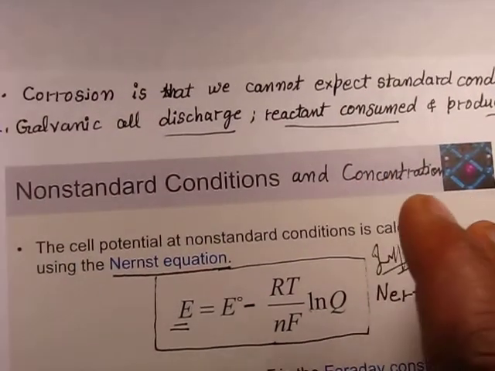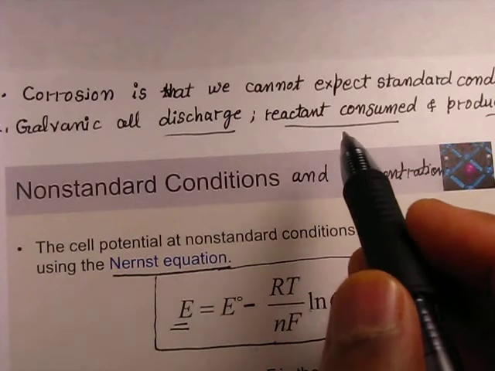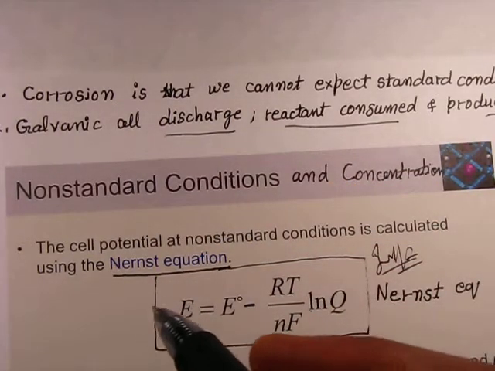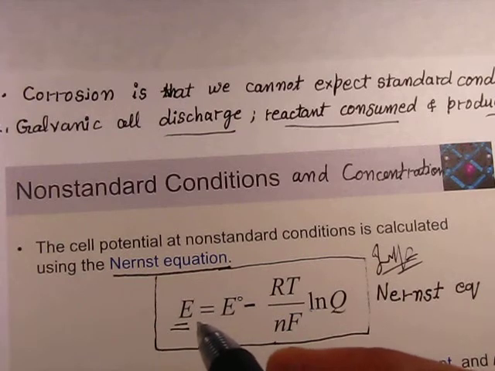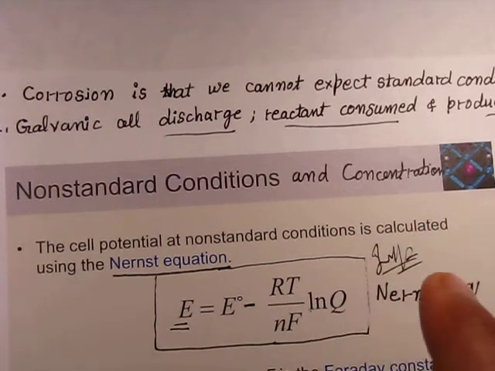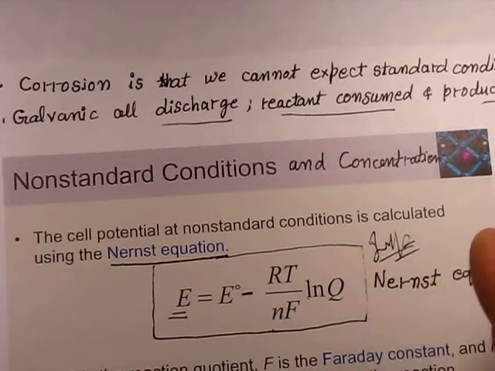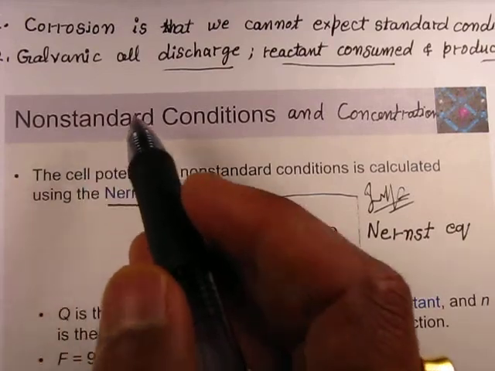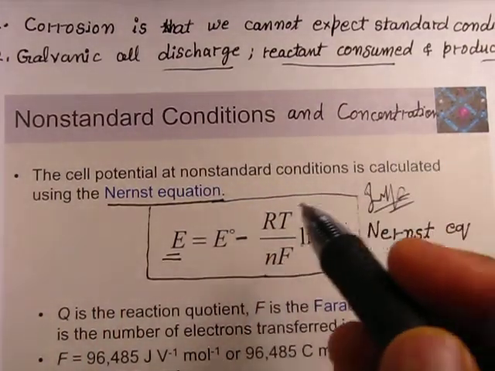Once the reactants are consumed, the performance slowly decreases, and after some time they discharge completely. They do not produce any cell potential. That is called non-standard condition.